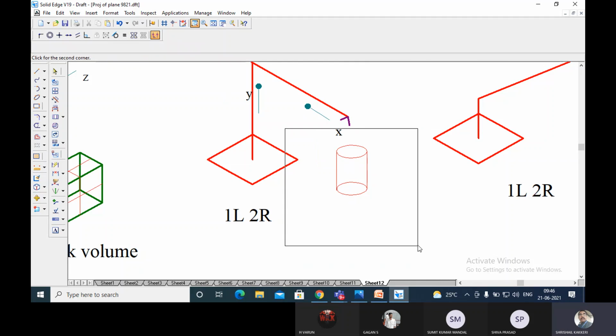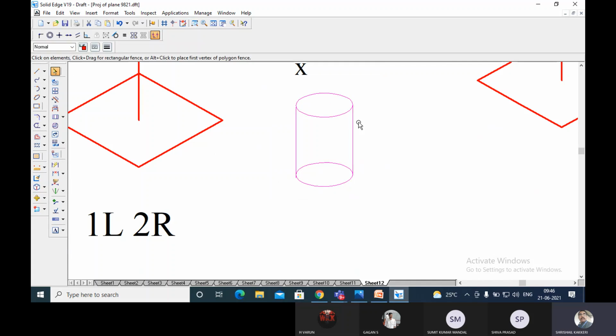The work volume generated by these robots will be like this. It is called cylindrical coordinate.